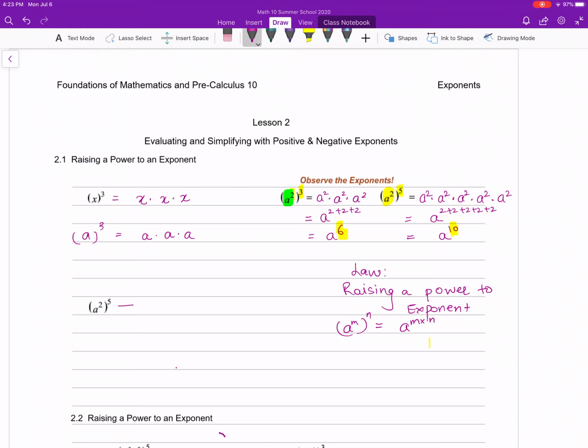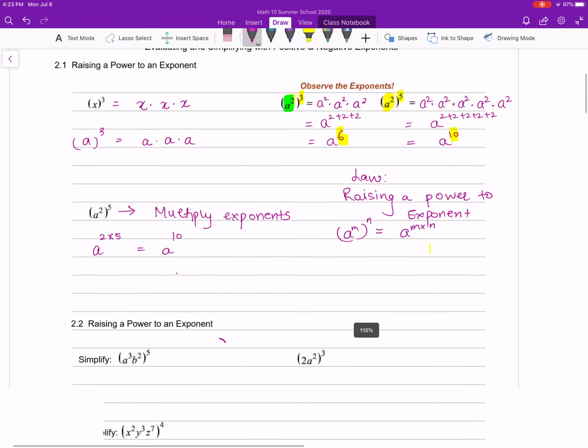The example here is this one. We now just multiply these two exponents: a to the 2 multiplied by 5, which becomes a to the power 10. So that's our first concept, raising a power to an exponent.